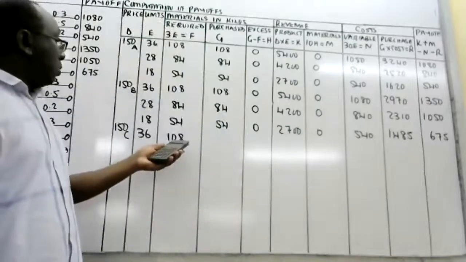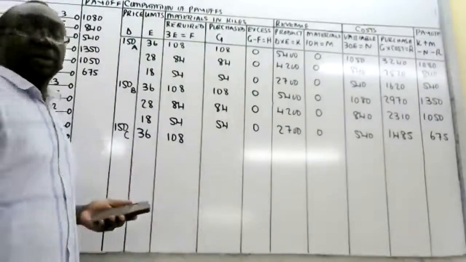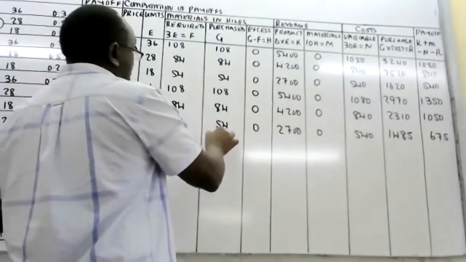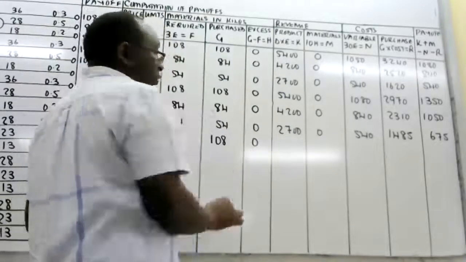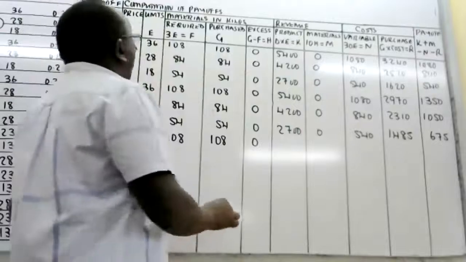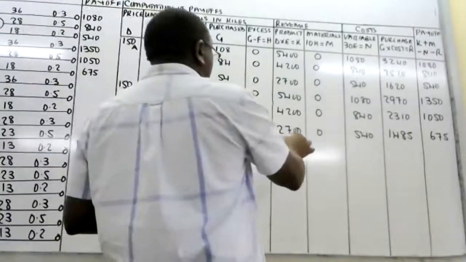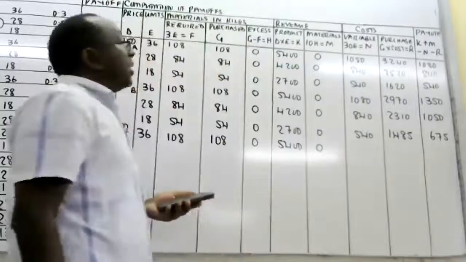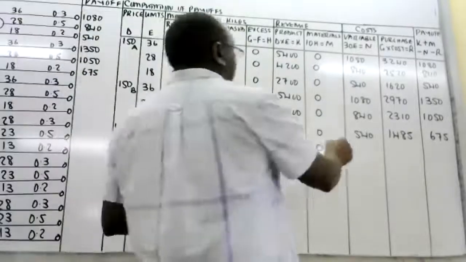Now this one is more than 70. So we are going to have 108 being purchased. So there is no excess. And the revenue is still 5,400. And the material is 0. The variable cost is 1080.